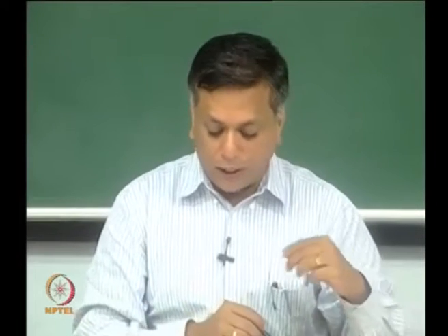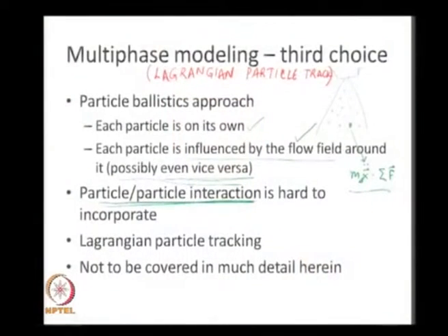But if I say the particles are now of a finite size, this becomes even more difficult. So, in other words, we are heading more and more towards the exact approach. That becomes the challenge. Okay. We will not discuss this in much detail from here on. I just want to present this as a viable way of modeling any kind of multi-phase flow in a spray situation.